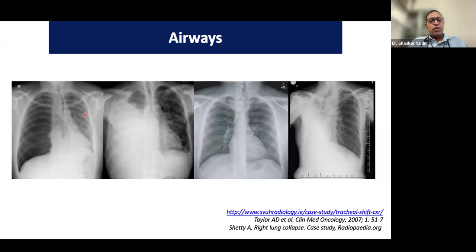Or if there are any mass lesions in the upper mediastinum or the paratracheal space, like in this X-ray, the trachea can be pushed to the opposite side. Sometimes the trachea may be pulled towards the same side, like in this X-ray, where there is a lung collapse. This lung collapse is pulling the trachea towards the right side. So we need to interpret the tracheal shift based on the pathology that is underlying in the lung.